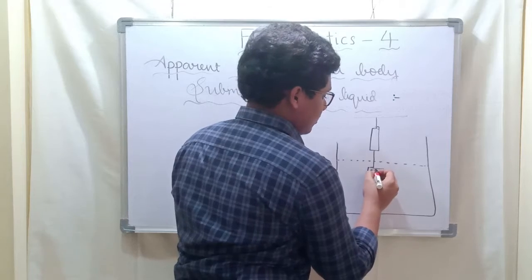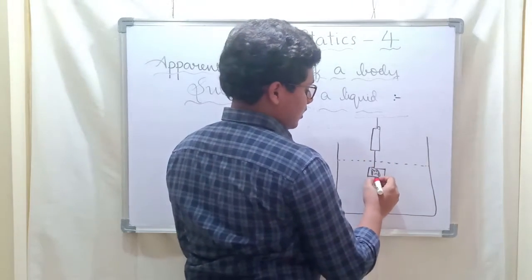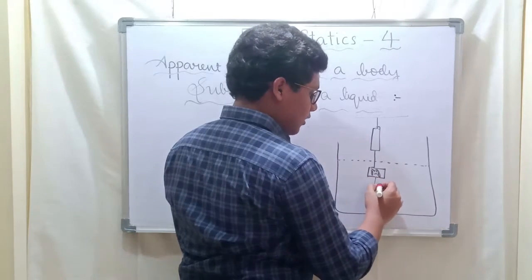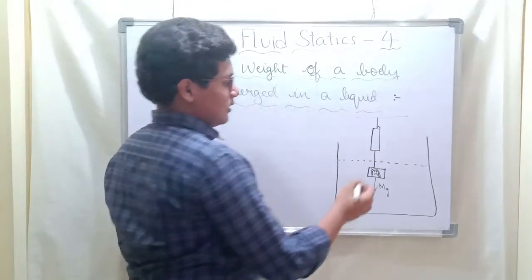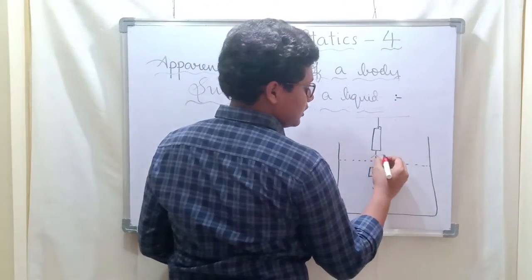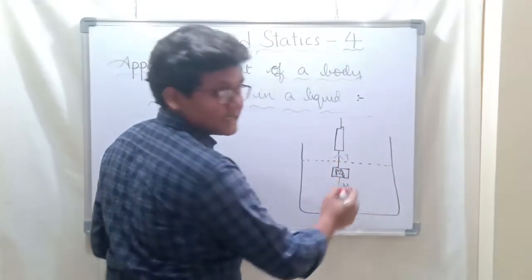This is the spring balance. So now, mg is acting downwards and tension, upward tension, is acting. So now T is acting upwards.